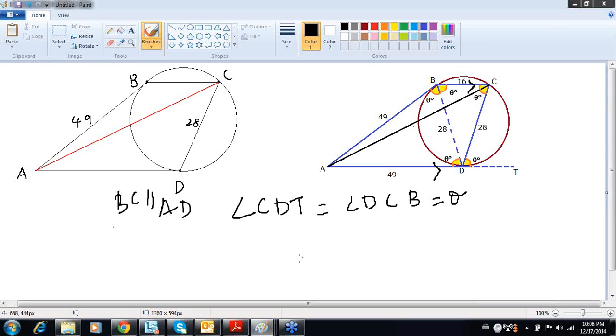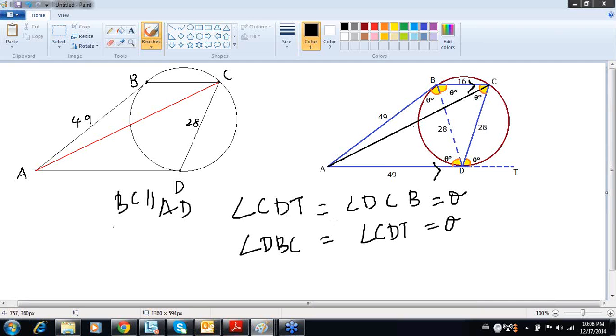Also, angle DBC will be equal to angle CDT, which is equal to theta. That is what I have written here. It is the same alternate segment theorem which we use in a circle. By the alternate segment theorem, these two will be equal.